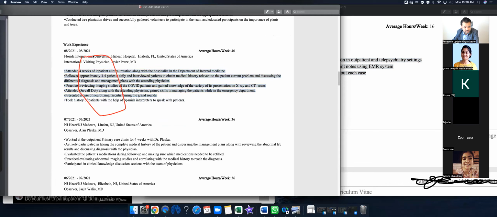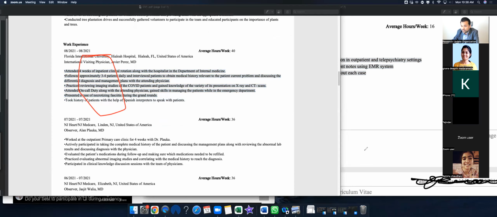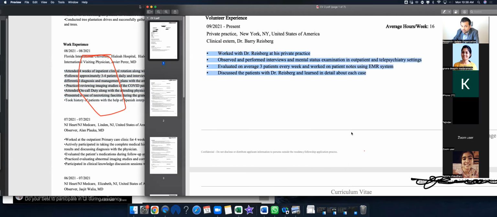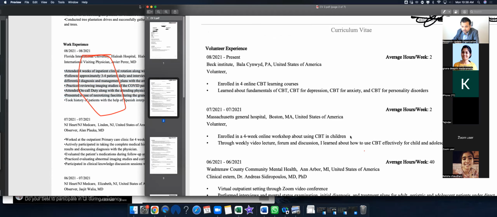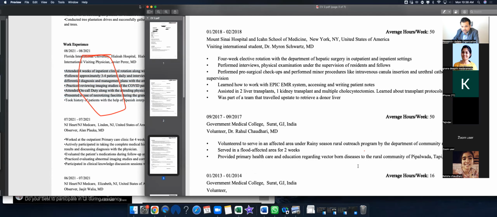Now, this is very weird. So many things are written. Ideally speaking, it's up to the applicant's wish what they want to write. But ideally, if you are writing, let's say, 3 paragraphs, then you need to make sure the 3 bullet points are very particular.